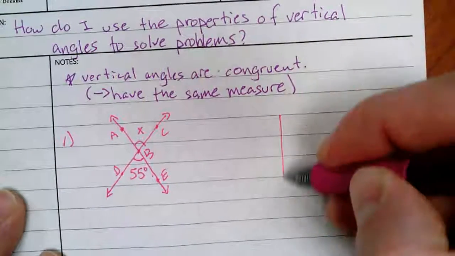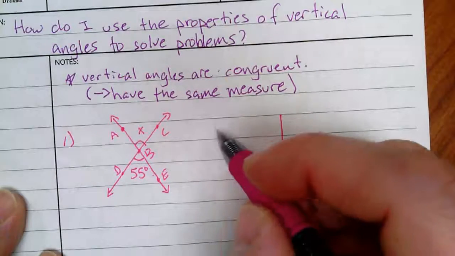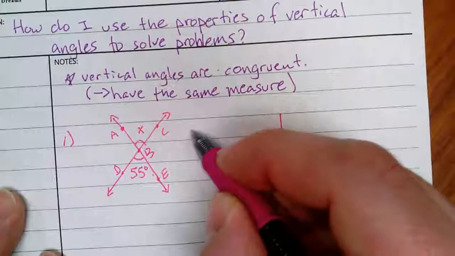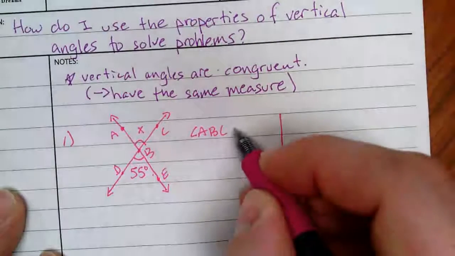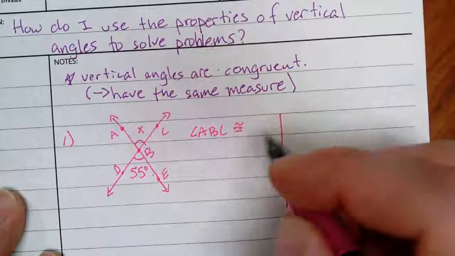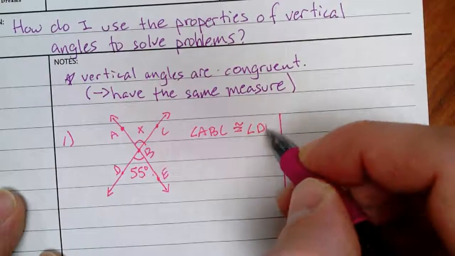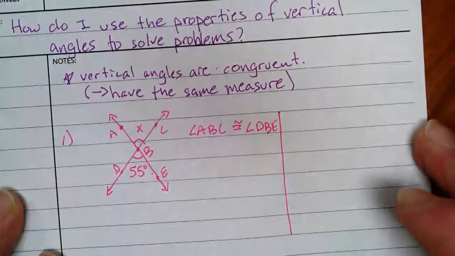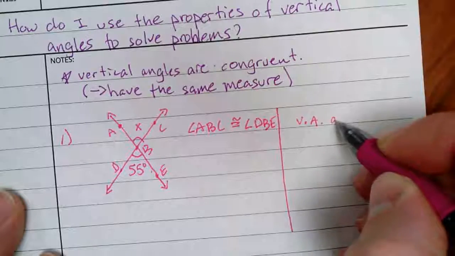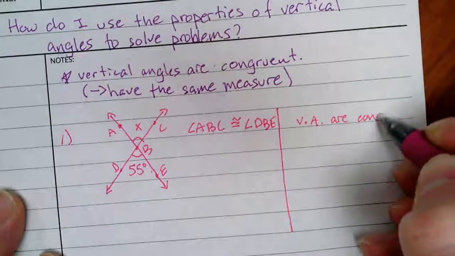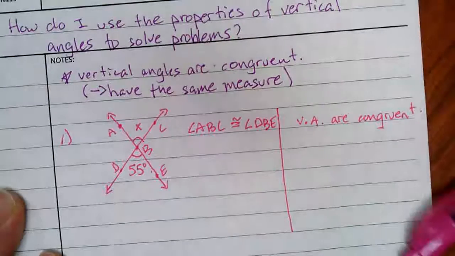Okay. So first, I'm going to write that angle ABC is congruent to angle DBE. And that's that vertical angles are congruent. Okay.